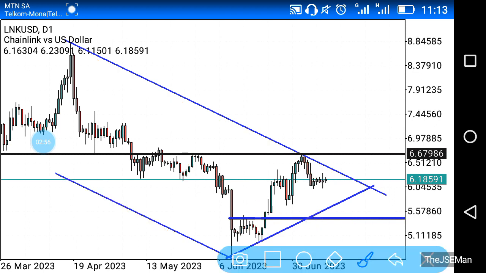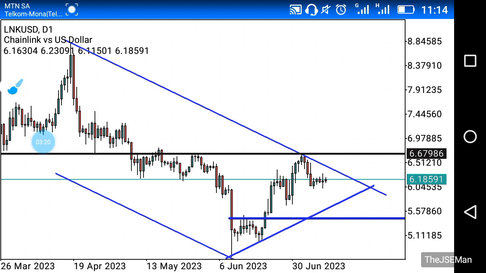So we may see a situation where the market from where it is actually moves further down to around this level, which is, as I said, guys, where we have the neckline of this W structure. That neckline is now also a very strong level of support at this point in time. And as much as we're looking for selling opportunities, we may see a situation where the market moves to this level only for it to continue to move further up again, right?